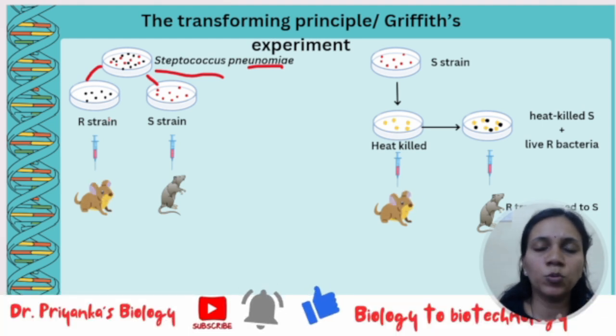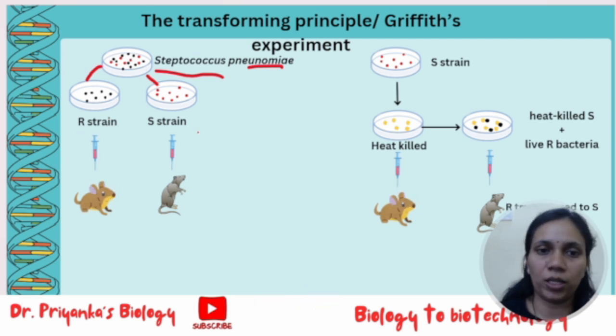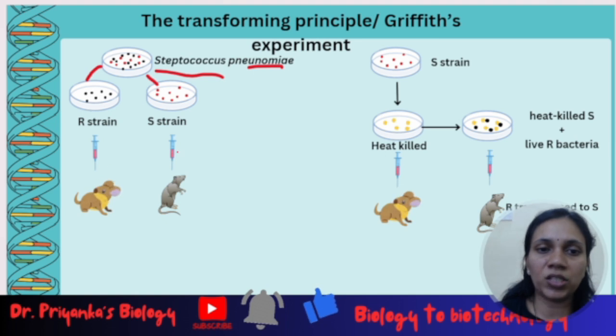He was working on two closely related strains of Streptococcus pneumoniae, the R strain and the S strain. The R strain stands for rough strain, and the S strain stands for smooth strain.